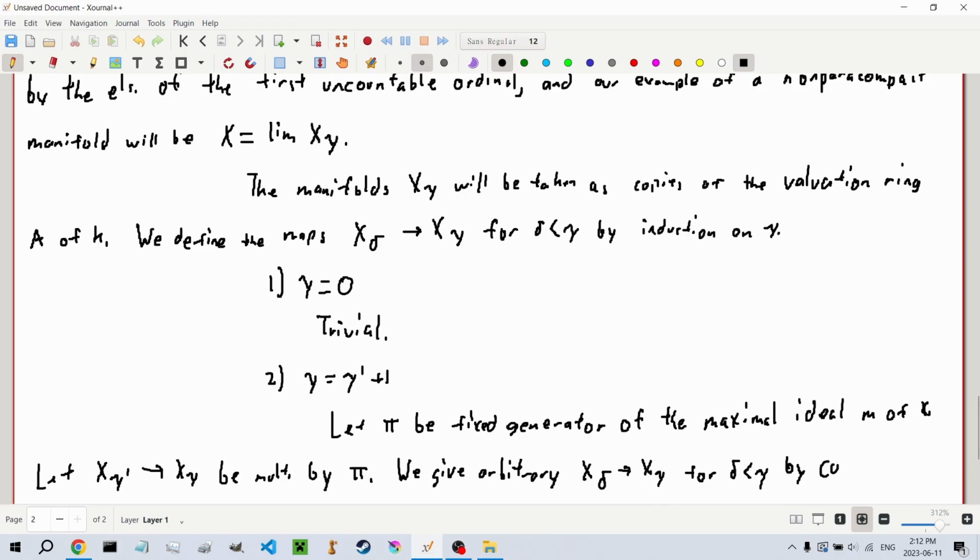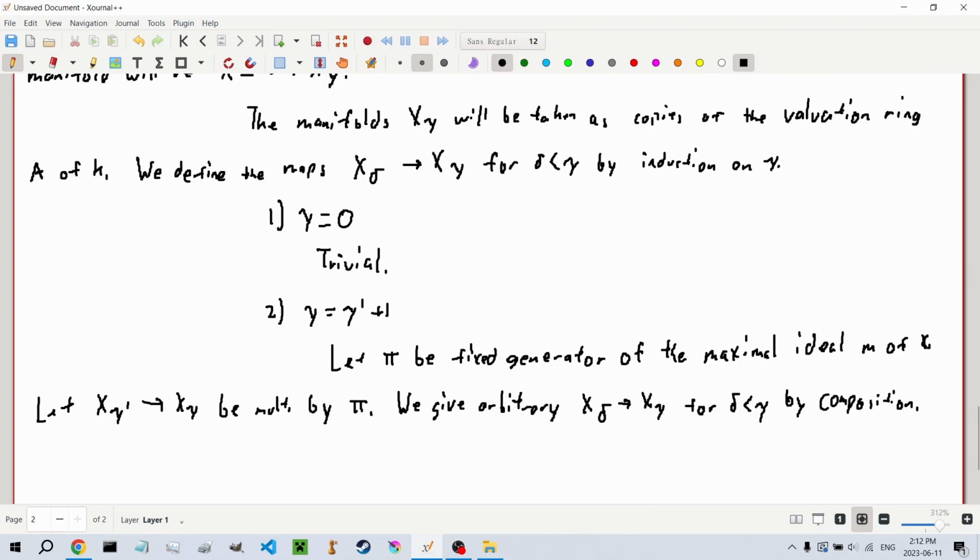So you can define this directly recursively by sending x delta to x gamma prime, which we know is going to exist by induction hypothesis, and then by our current map to x gamma. But this is just going to unfold to delta into delta plus 1 all the way up to gamma.